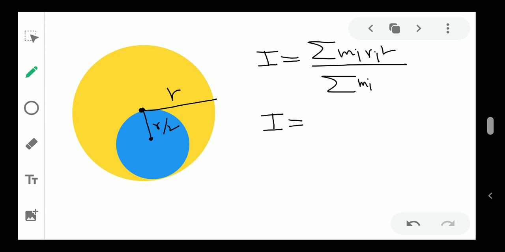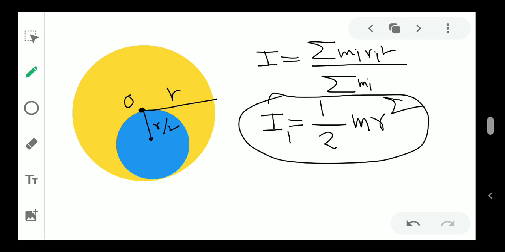Initially, when the cutout piece is not taken away, it is intact, then for the disc the moment of inertia is half m r square if we take the axis at the center. Now this we know, so from this we have to subtract the value of that portion.